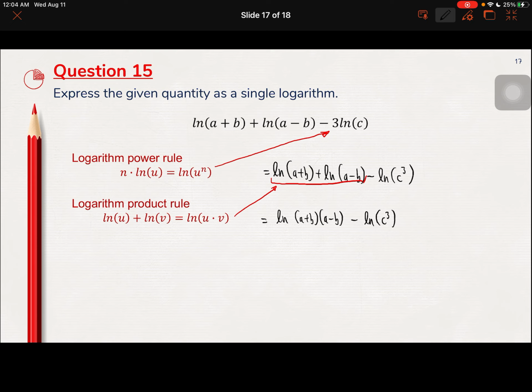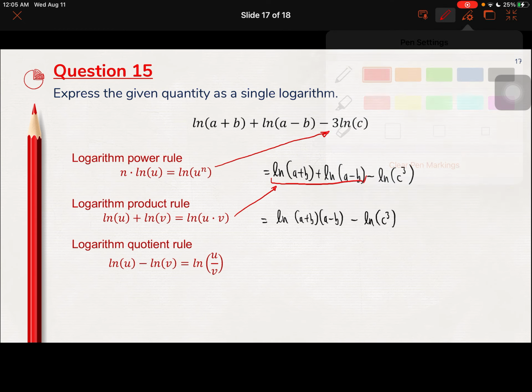And then I'm going to apply another rule, and finally at the end I'm going to make some simplifications. The thing that I'm going to do now is the quotient rule. When we have a difference of two logarithms, this is equal to the logarithm of the first argument as a numerator, divided by the second argument in the denominator.